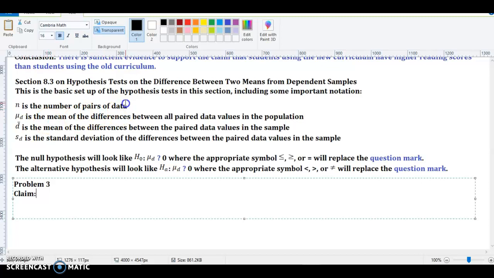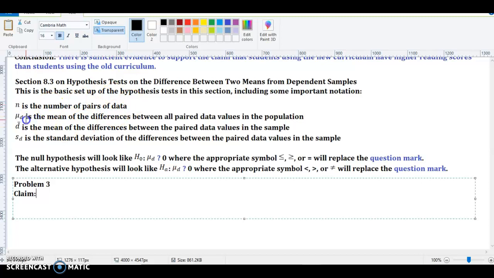Remember you're working with two different samples, and since the samples are going to be dependent, each data value in one sample is paired with another data value in the other sample. So that's why the N stands for the number of pairs of data, right? So we're working with paired data. Samples that are dependent are often called paired. So N will stand for the number of pairs of data that you have.